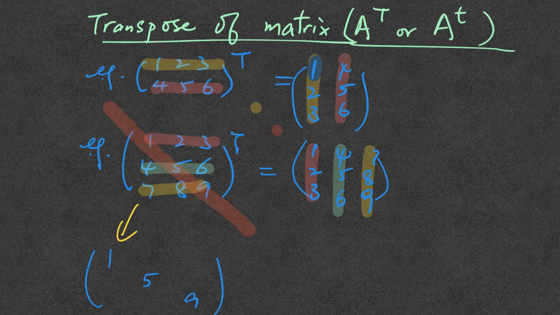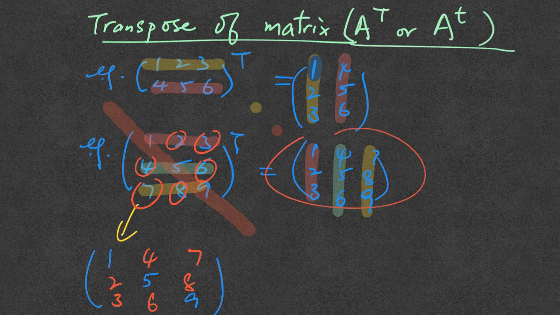Afterward, 4 and 2 will be symmetrically reflected, so 2, 4 here in this way. 7 and 3 at the corner become 3 and 7. At last, 8 and 6 swap positions. So you also get the transpose. Let's see which way you would like to use to remember the idea of transpose. You may use this way, row becomes column or vice versa, or you can look at the reflection of the matrix when you talk about transpose.